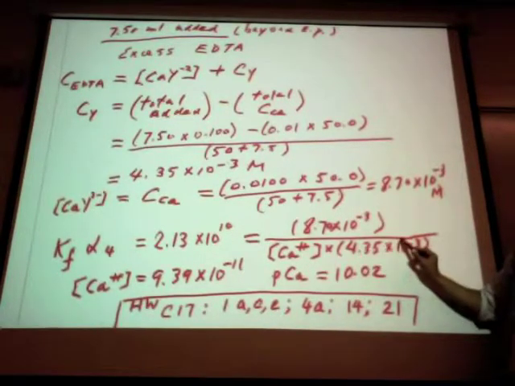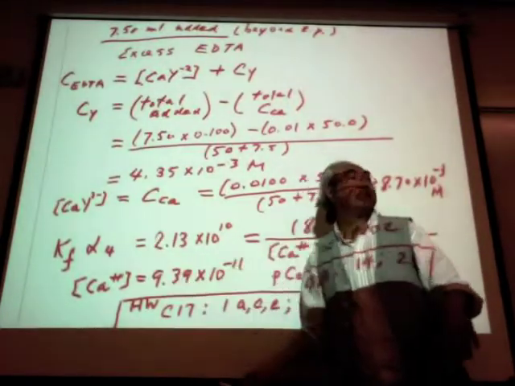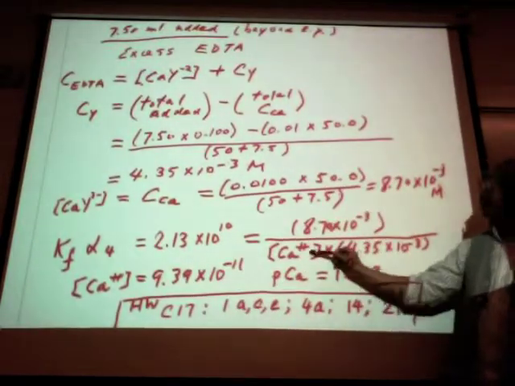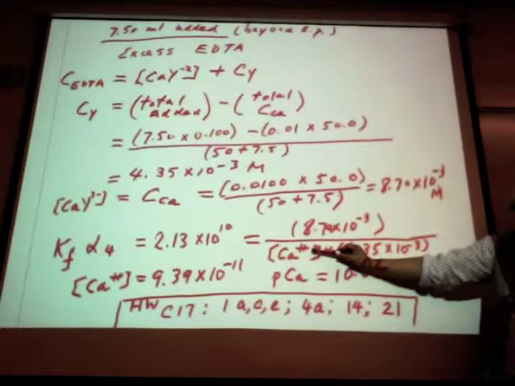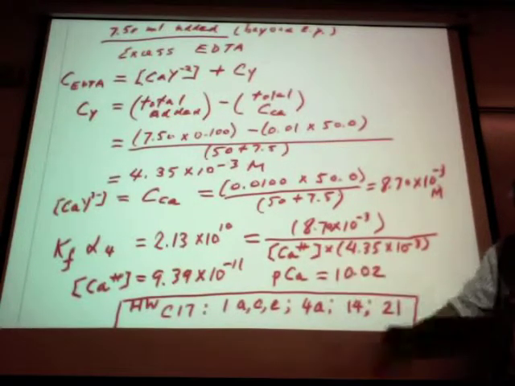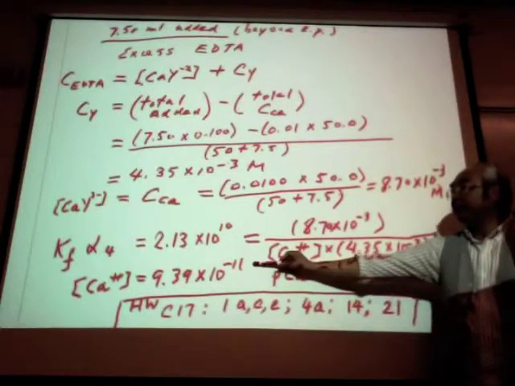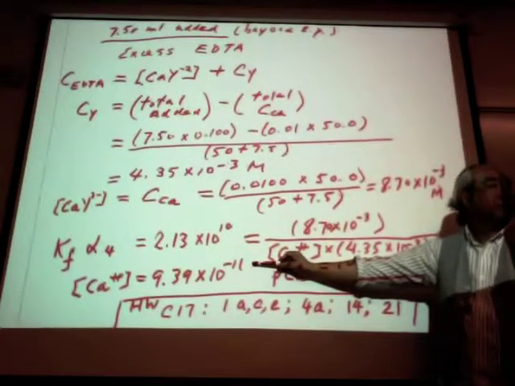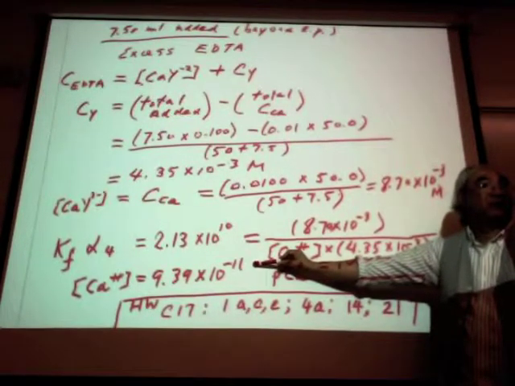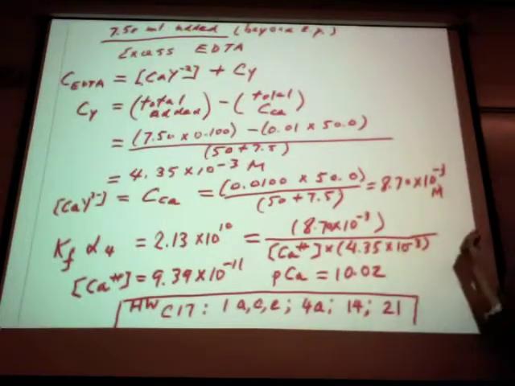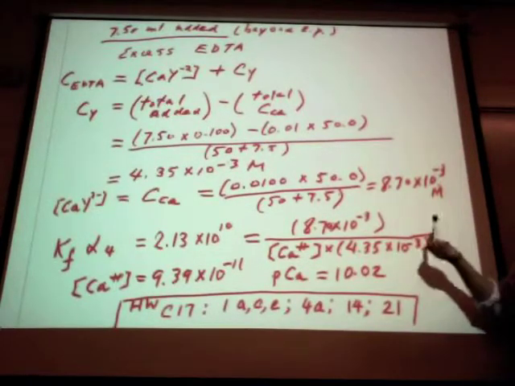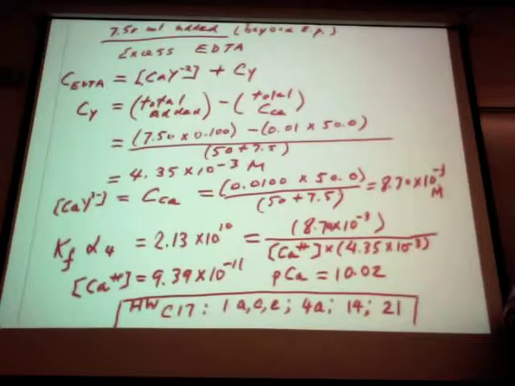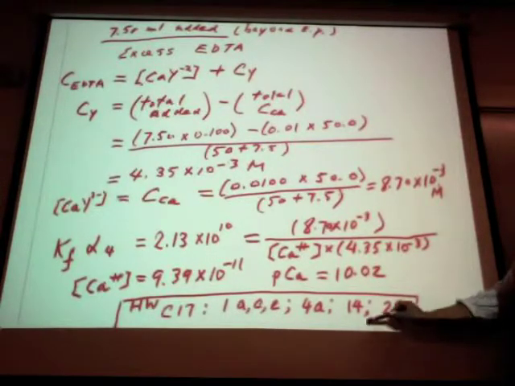But here we use Cy and put the alpha 4 to the left. Same thing. So leaving behind just one unknown, calcium, that you solve for. You end up with such a tiny number, very tiny, because the excess EDTA stabilizes the product. So this is pCalcium. And for your homework is this.